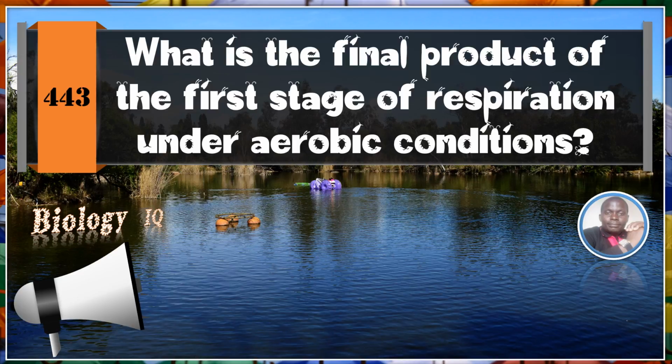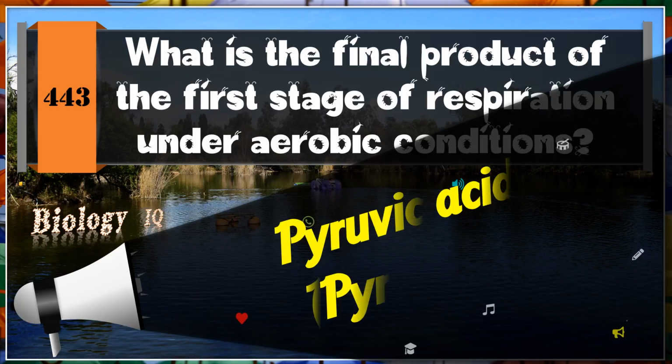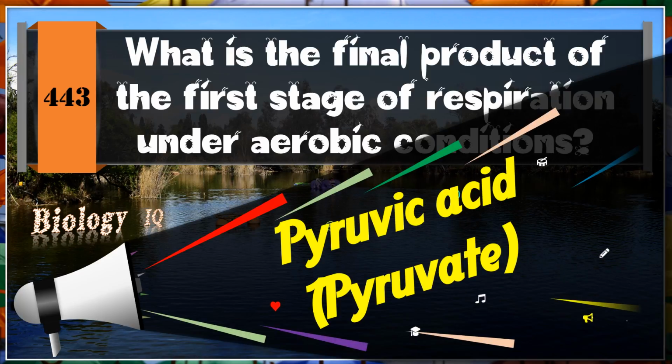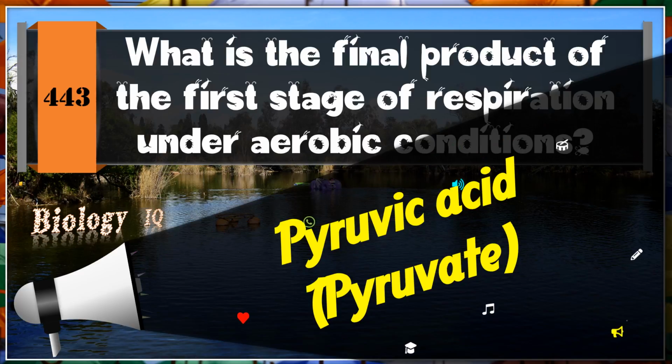What is the final product of the first stage of respiration under aerobic conditions? Pyruvic acid, which is also called pyruvate.